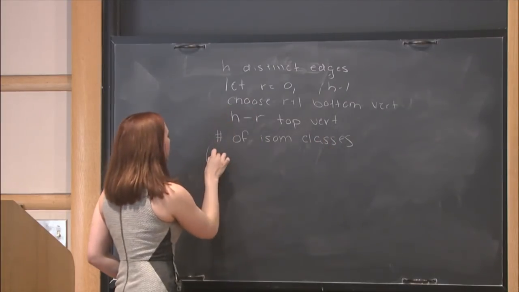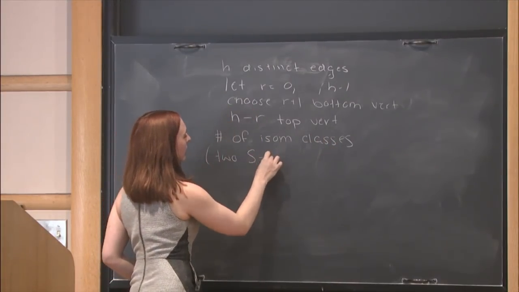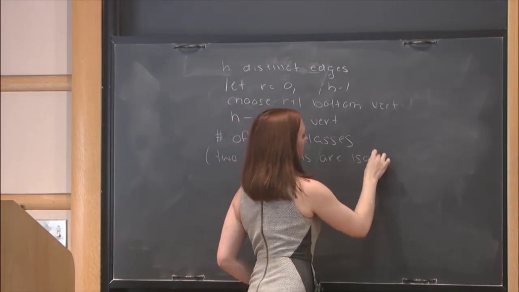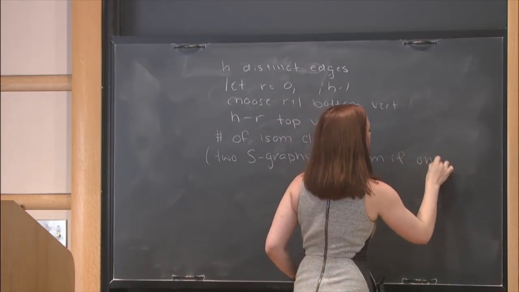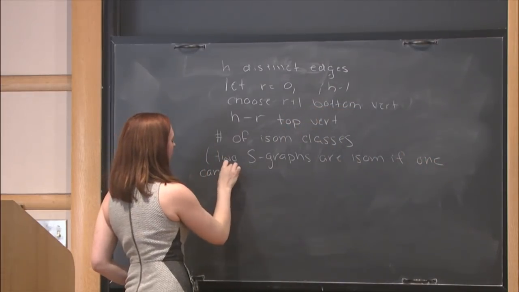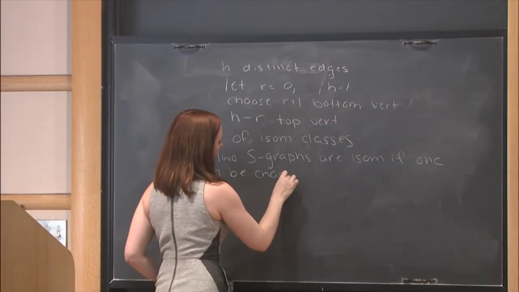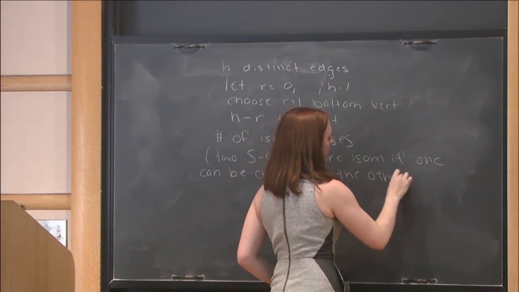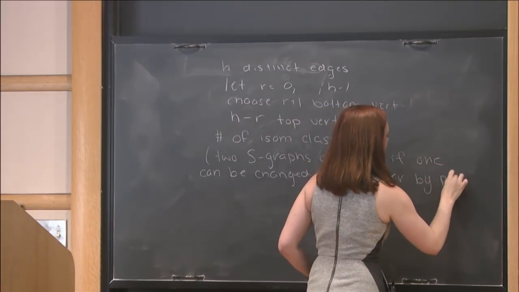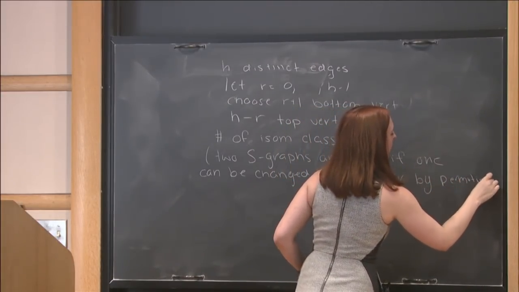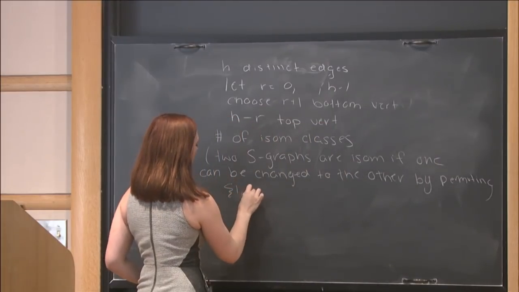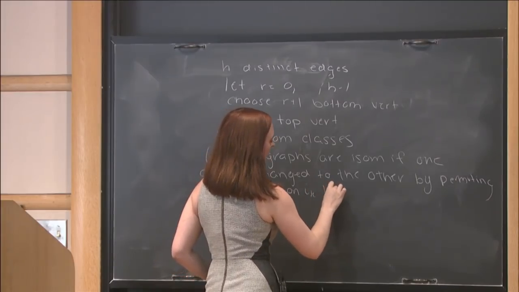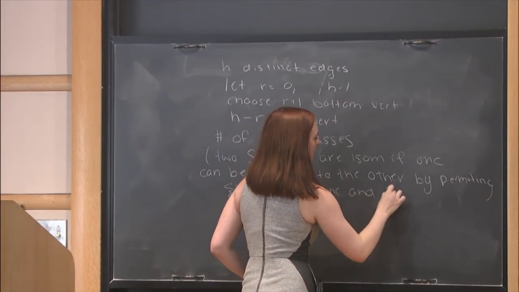So here we have two S graphs are isomorphic if one can be converted to the other by permuting 1 through P on the top line and 1 through Q on the bottom line.